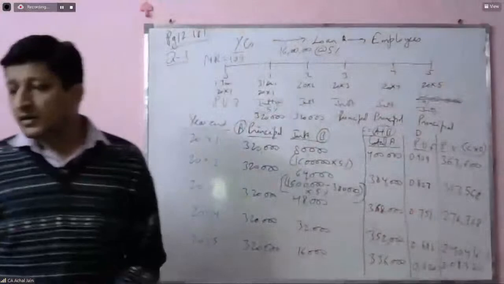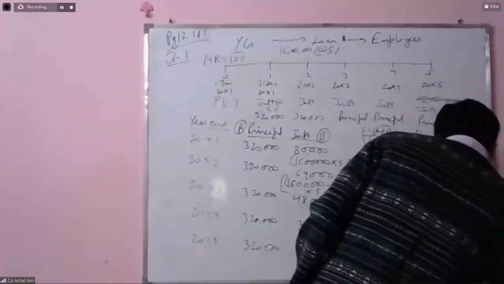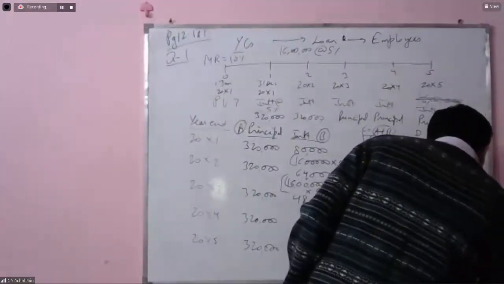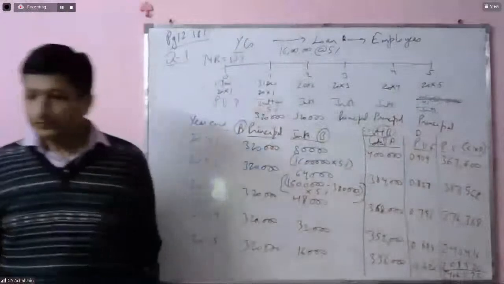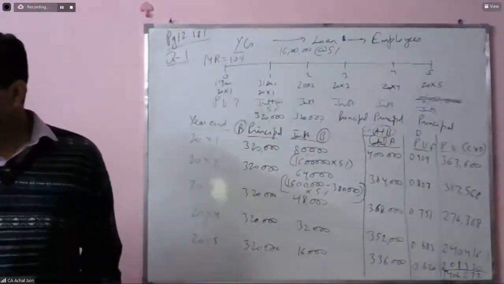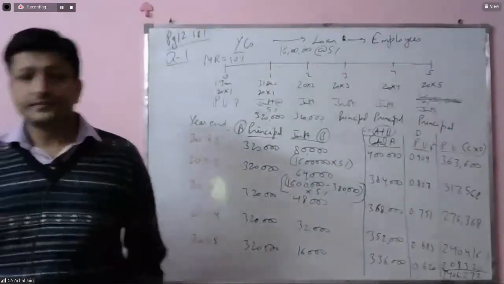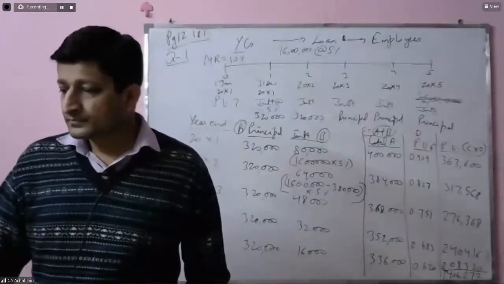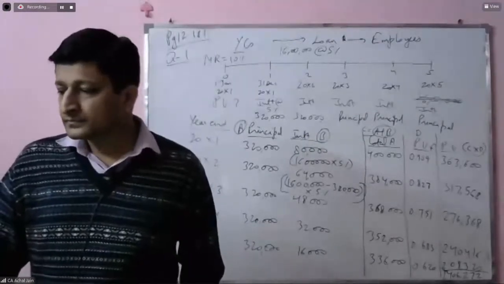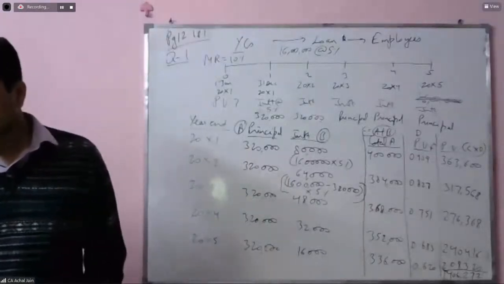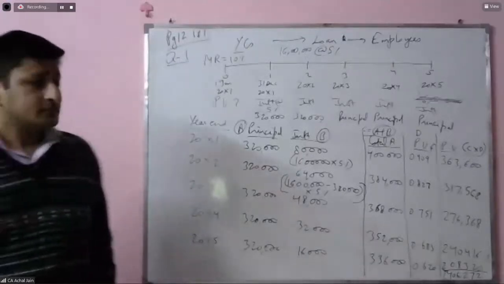And then of course the total, 14,06,272. Okay. Clear?